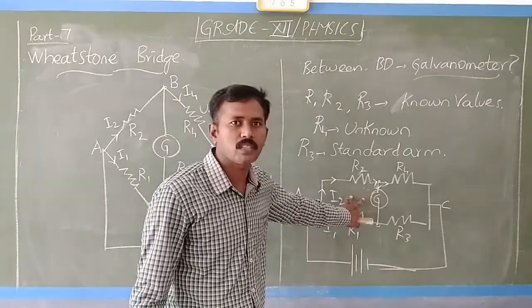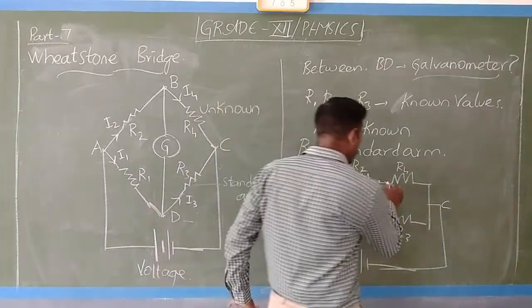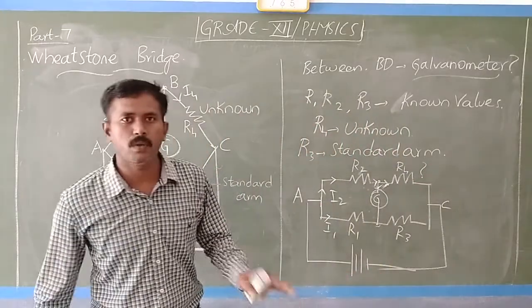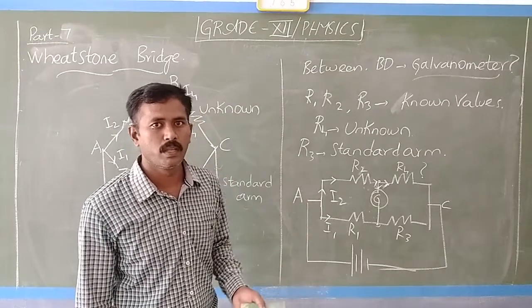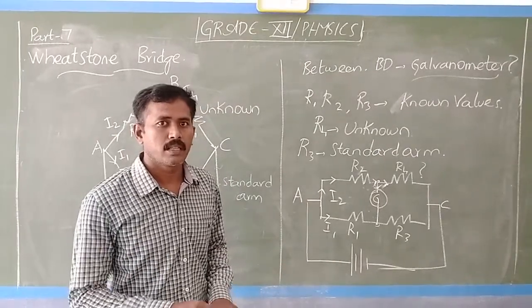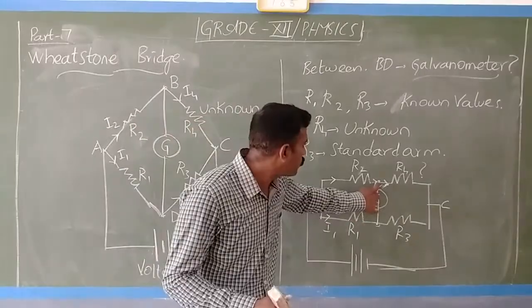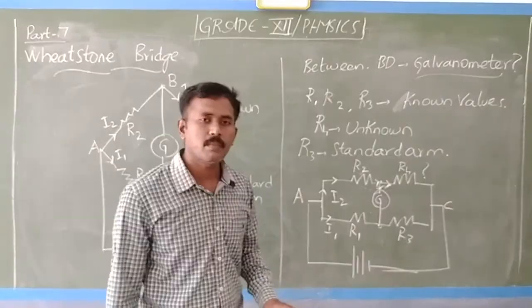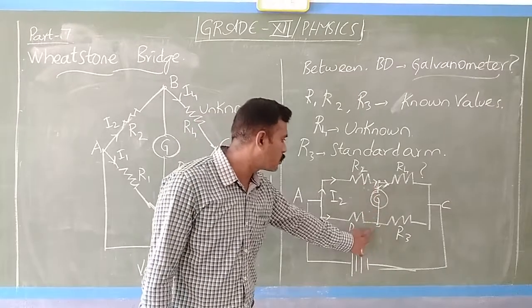Will the I2 crossing R2 go to R4? What is the current here? Will the same I2 flow, or will a lesser amount of current flow? That is divided. It means that the current flowing through R4 is determined by the potential difference across these 2 points.